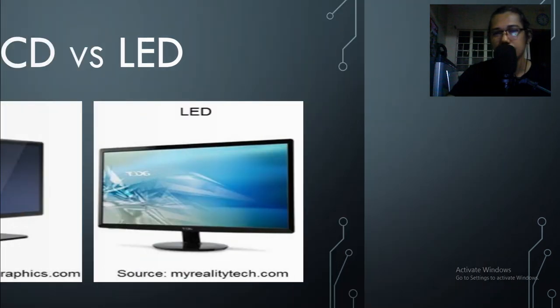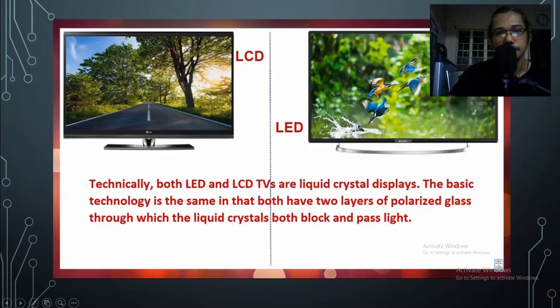Okay. So when we say LCD and LED, technically, they are both liquid crystal display. Para silang liquid crystal display. The basic of this technology is the same, that both have two layers of polarized glass through which the liquid crystal passes, in both black and past light.